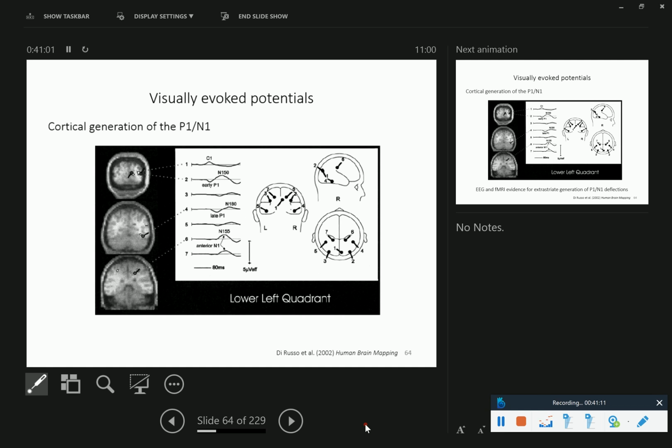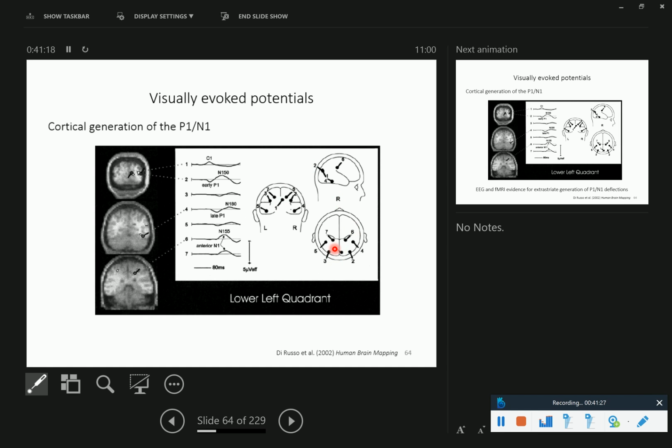This shows data from a paper by Di Russo from 2002 in Human Brain Mapping. So it's only 16 years old, that tried to dissociate using a model with multiple dipoles.